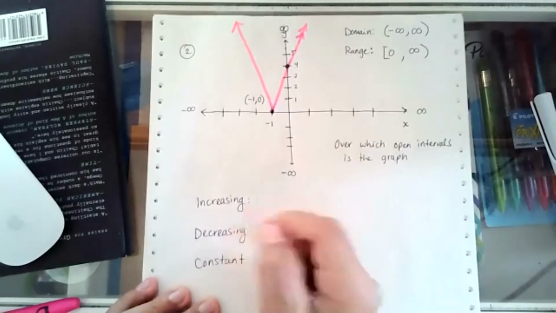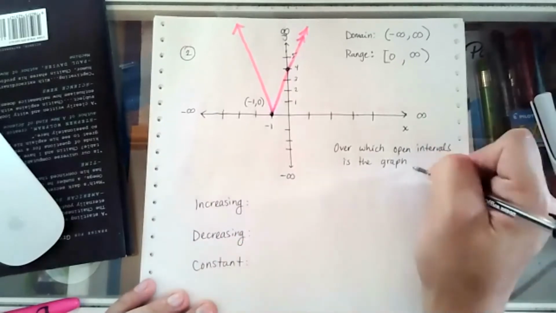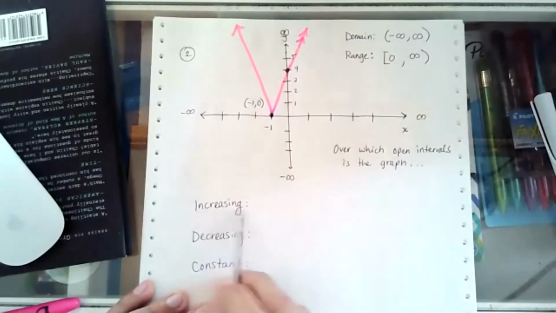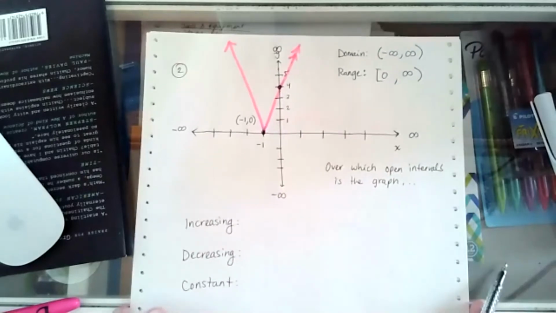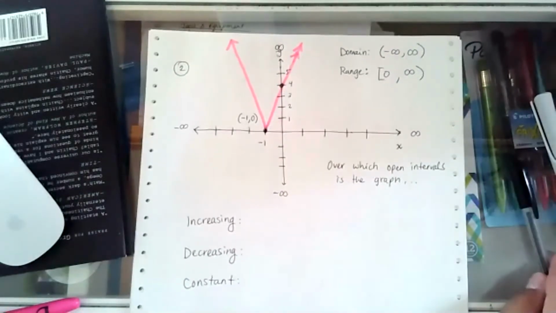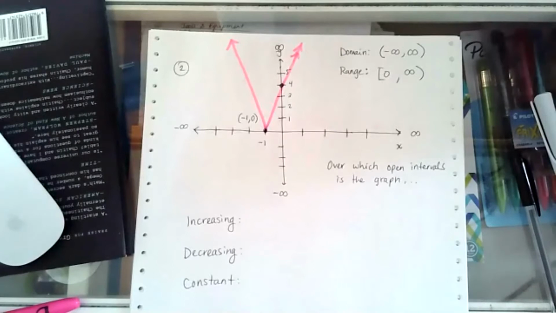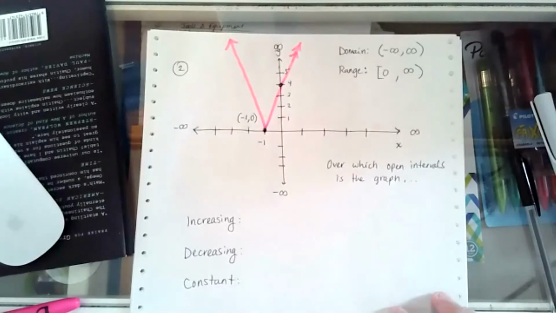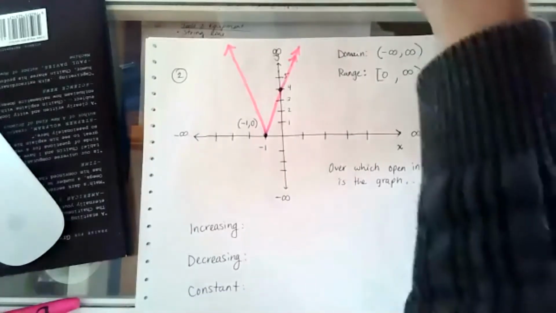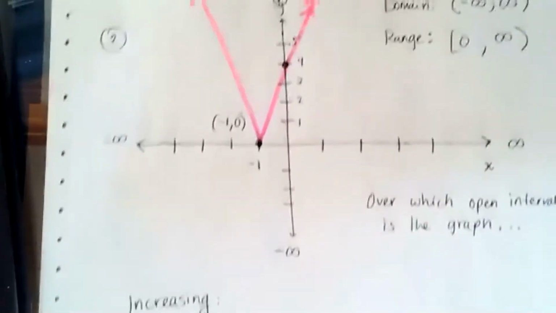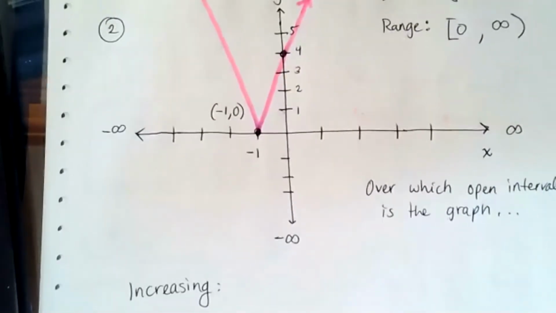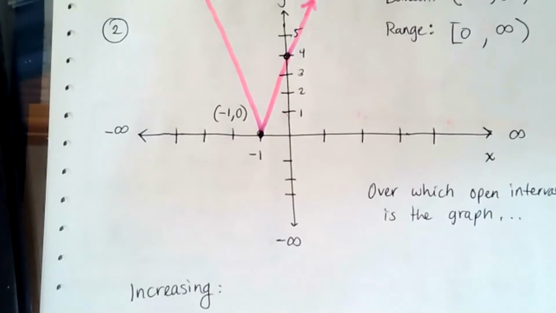So let's start off by looking for where the graph is increasing. Over what intervals of the domain? I don't know if it will be 0 to infinity. It wouldn't be 0 to infinity.